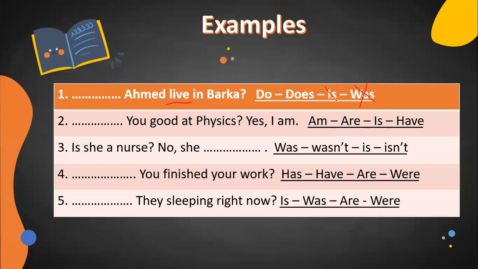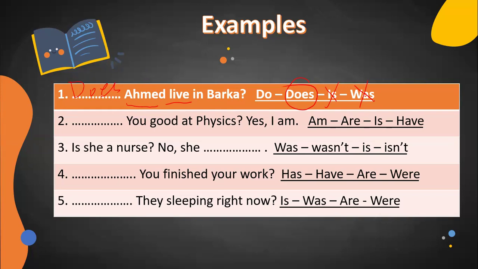We cannot use is, because they are verbs to be. We have do and does. Look at the subject, Ahmed. So this one is he. We have to use what? Does. Does Ahmed live in Barka? Yes, he does, or no, he doesn't.